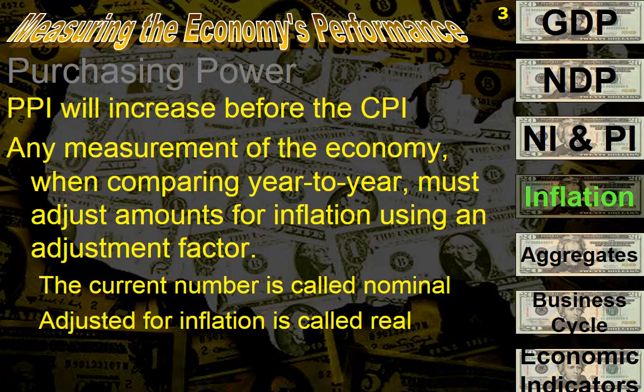So most times when you're considering the GDP or the national income, you're going to be looking for when the economists or the researchers tell you this is the real GDP or this is the real national income. That means they've adjusted it, and then you can use that to compare different time periods and also perhaps different countries. So that's why that is important as well.